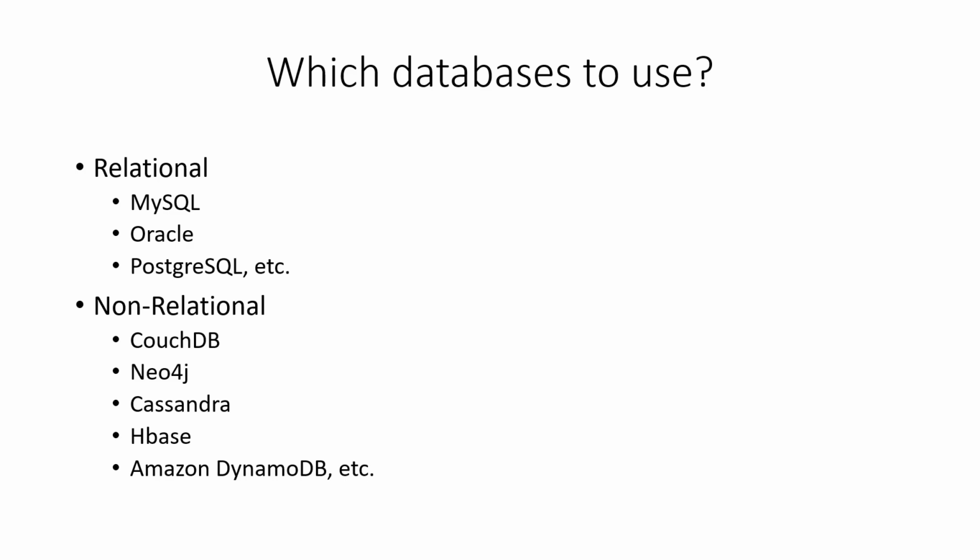Non-relational databases are also called NoSQL databases. Popular ones are CouchDB, Neo4j, Cassandra, HBase, Amazon DynamoDB, etc. These databases are grouped into four categories: key-value stores, graph stores, column stores, and document stores. Join operations are generally not supported in non-relational databases.